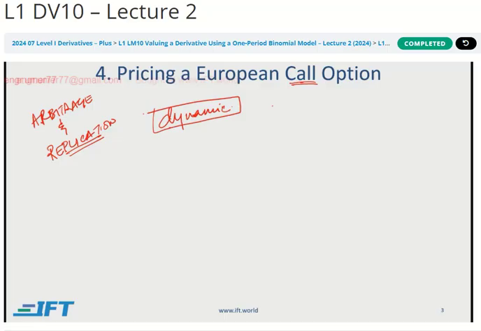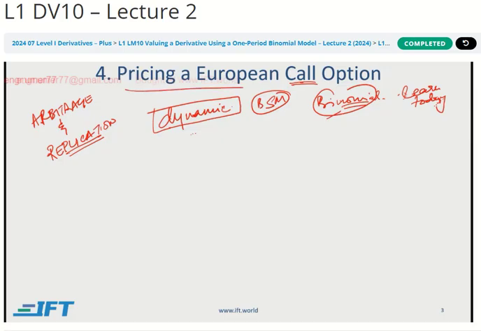And practically speaking, it is done through the Black, Scholes and Merton model, but it can also be done through the binomial model, which is a simpler version of doing it. And this is something we are going to learn today, how do you use the binomial model to do the arbitrage and replication and use that to price a European call option.